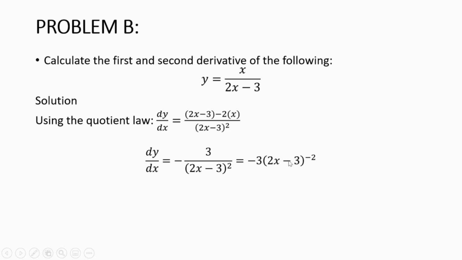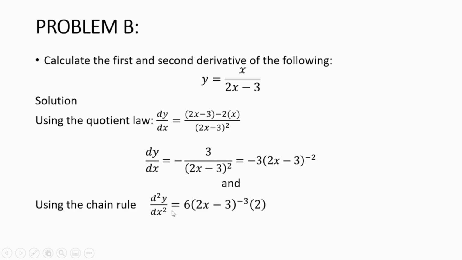We can just use the simple polynomial laws to derive this first derivative. So my second derivative looks like this: my d2y dx squared would be the minus 2 times the minus 3, which is positive 6, times 2x minus 3 to the minus 3, and then the chain law kicks in, times the derivative of the inside function, which is simply 2, and therefore it would look like that.